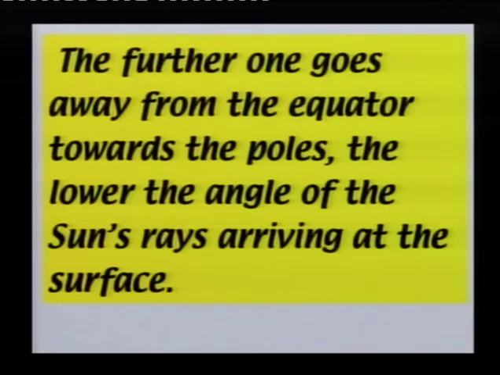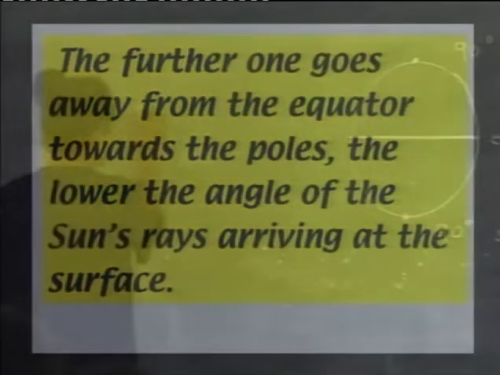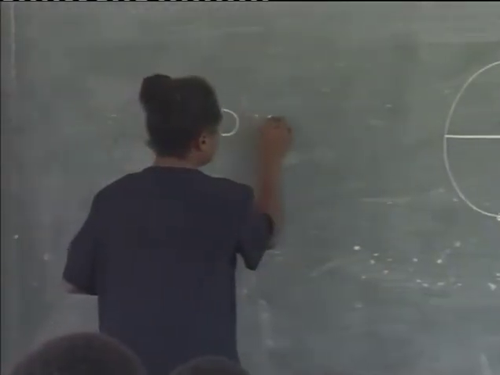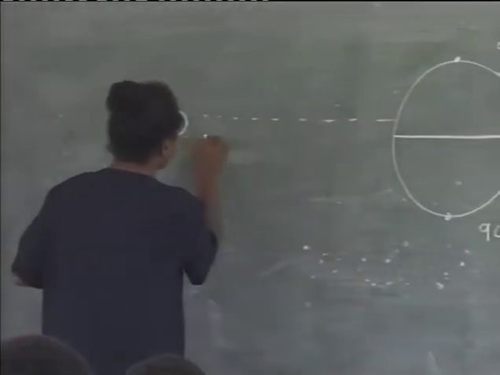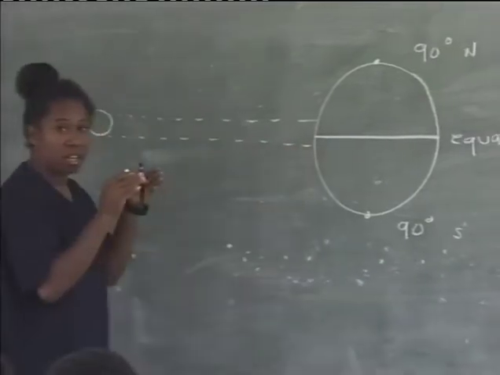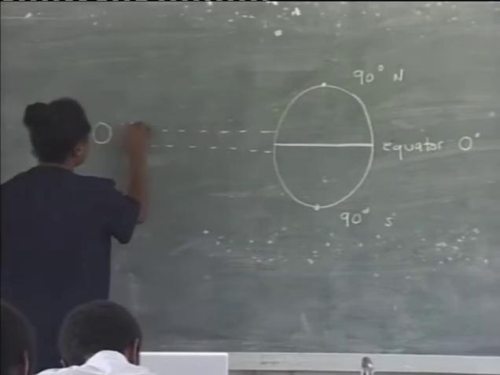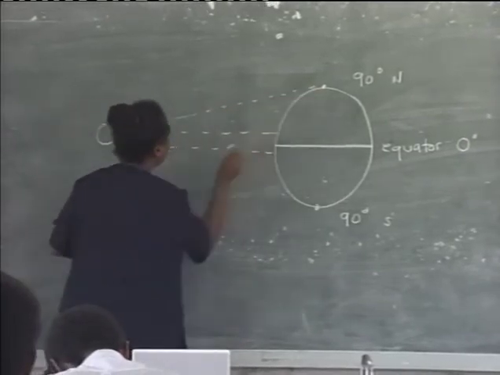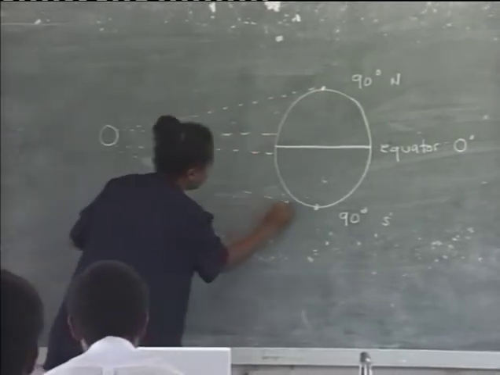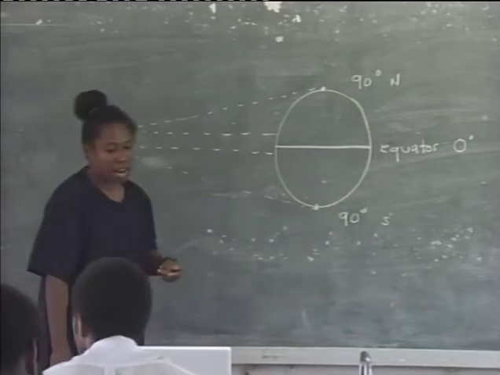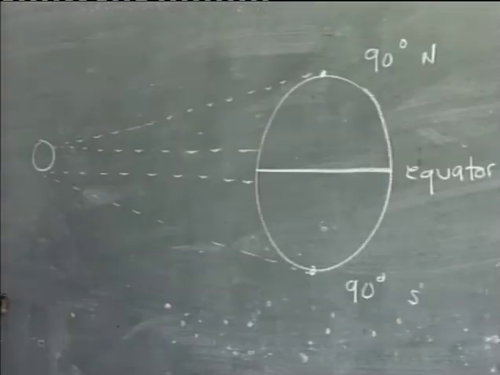So if I had to draw the sun on this diagram here, we have the sun here. The energy from the sun is actually almost vertical at the equator. And as we go away from the equator, what happens now is that the energy from the sun arrives at an angle.